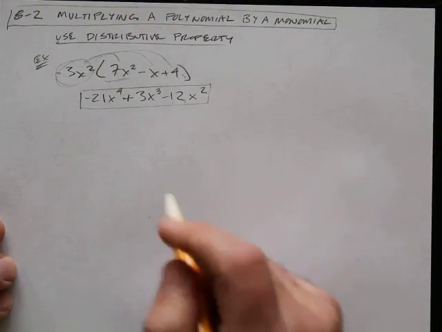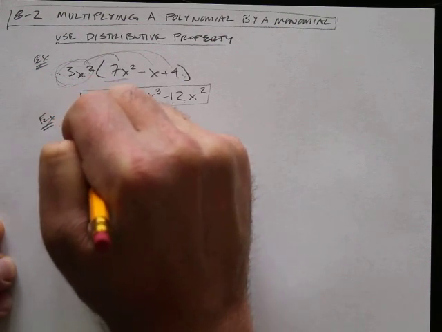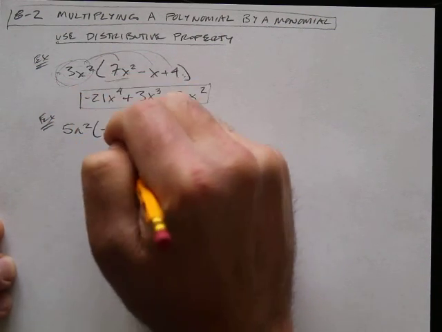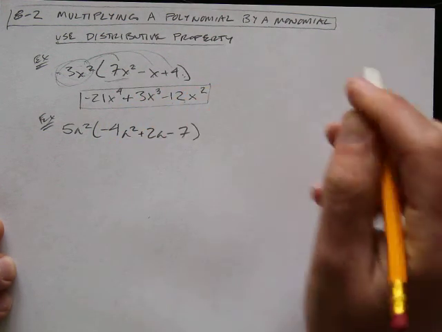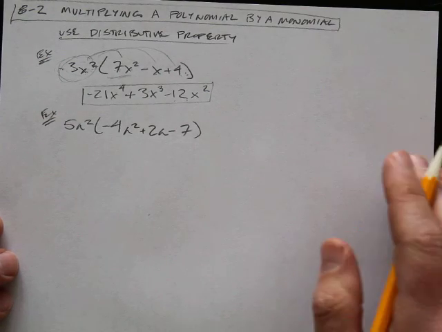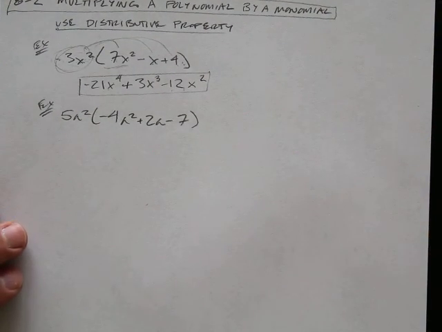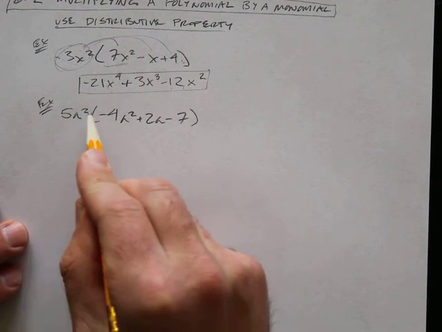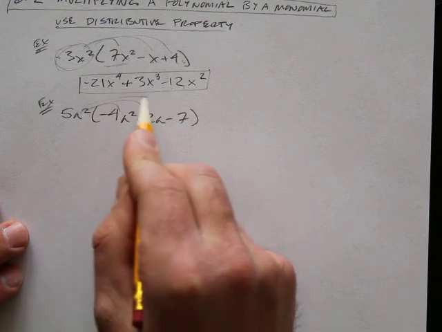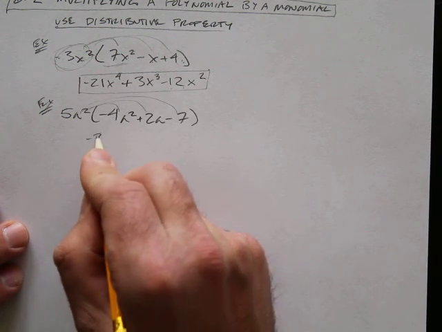All right, let's do another one. 5a squared times negative 4a squared plus 2a minus 7. All right, very similar to the one we just did. Let's do this one, and then I'll give you one to do on your own. 5a squared times, so I'm going to multiply each of these terms. 5 and negative 4 is negative 20.